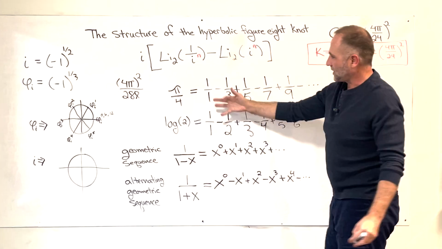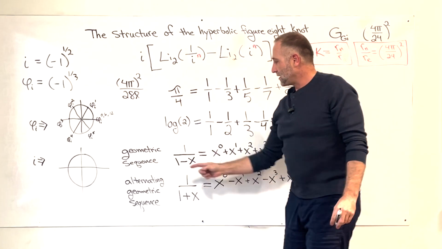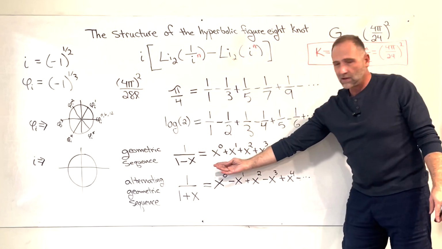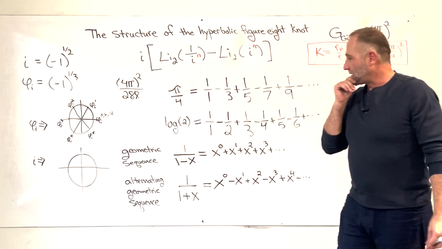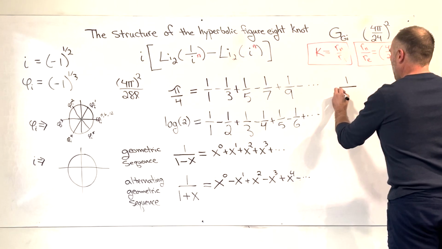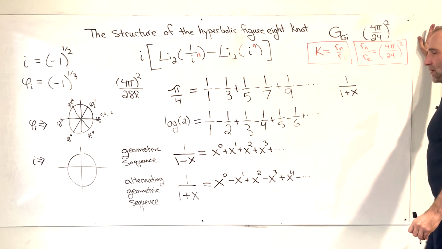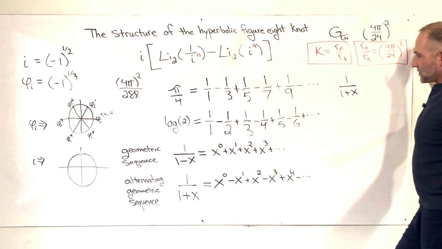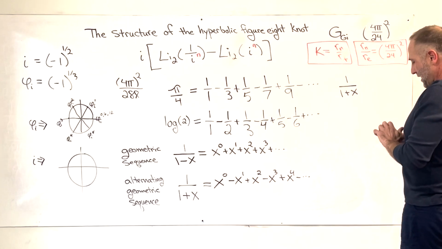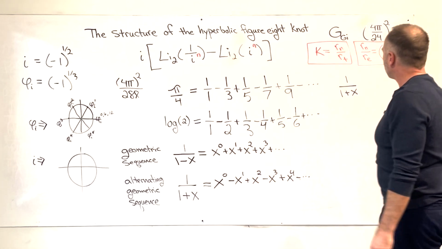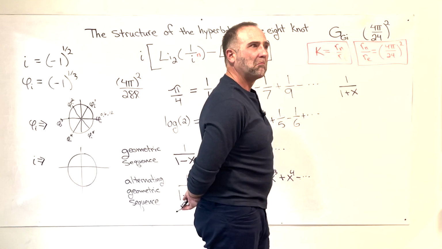Okay, what's the connection between these geometric numbers and these fundamentally simple sequences? Right? Well, if you have 1 over 1 plus x, if you have that structure to begin with, this alternating geometric sequence structure, and you want to ask, what's the most creative thing that could be equal to?